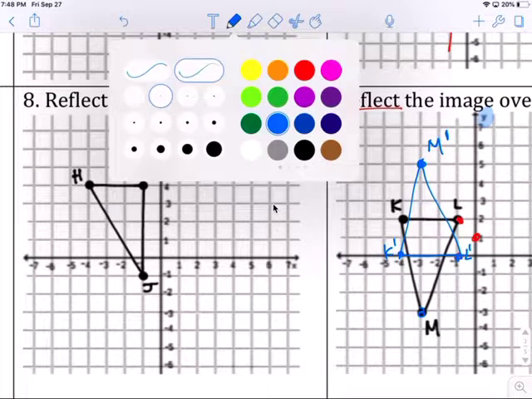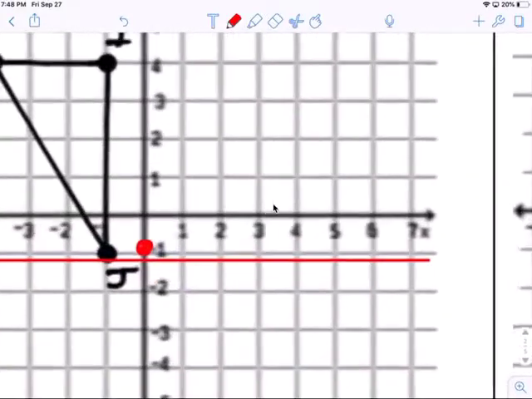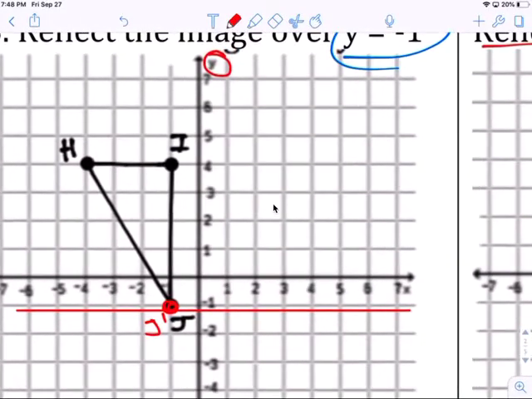This is at y equals -1. Go find y. Right here, -1 is here. That's your reflection line right there, horizontal. J is on that dot, so J prime is on there too, on that reflection line. Okay?